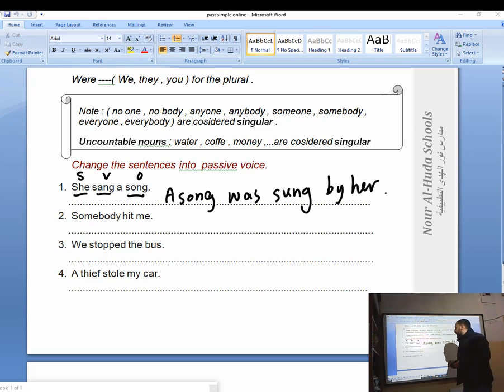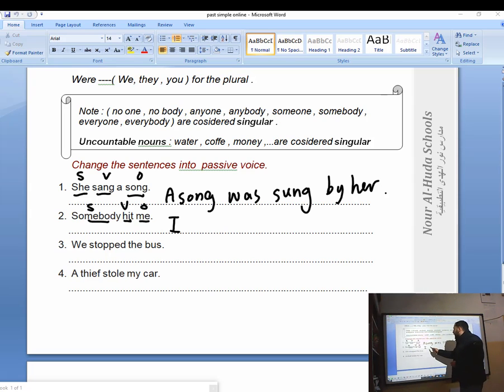That's it. Somebody hit me. Somebody is the subject. Hit is the verb. Me, object. When I want to change me to the subject at the beginning of the sentence, we start with I. I instead of me because we change it from object to subject.